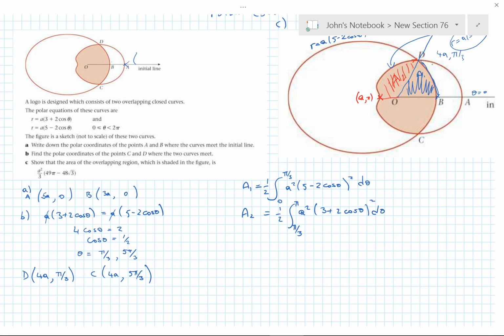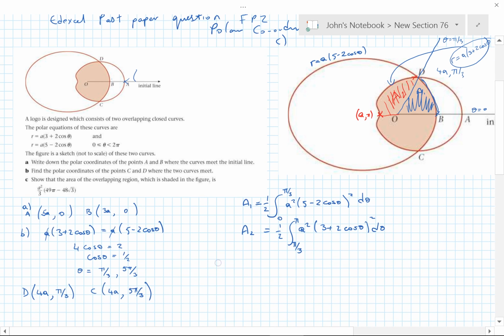One thing I will say, I have mentioned symmetry. So our required area, let's call it A, is going to be equal to 2 times A1 plus A2.